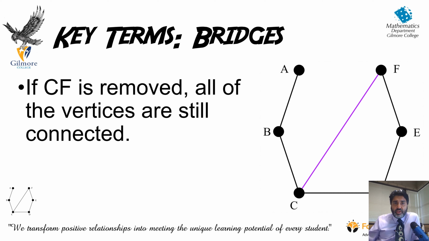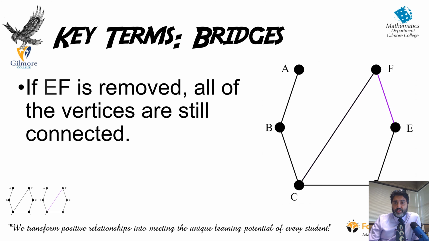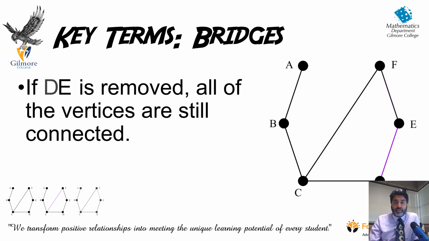C to F, all the vertices are still connected. Okay, so it doesn't really cause too many issues. Similarly, if I remove E to F, the network is still connected because all the vertices are basically connected, and I don't have a vertex by itself.